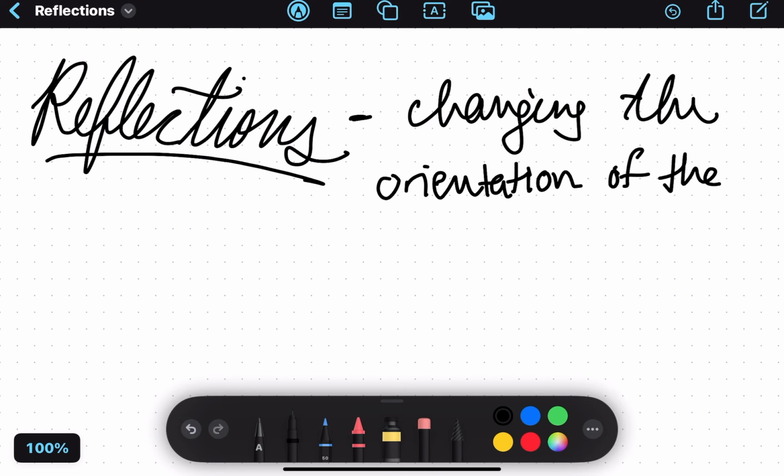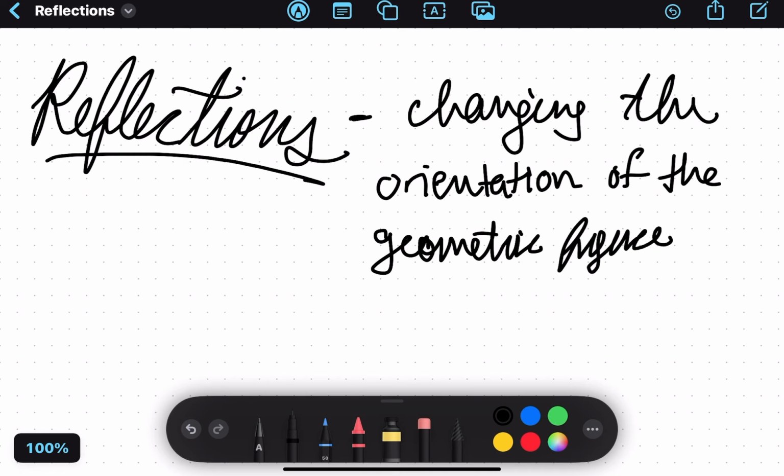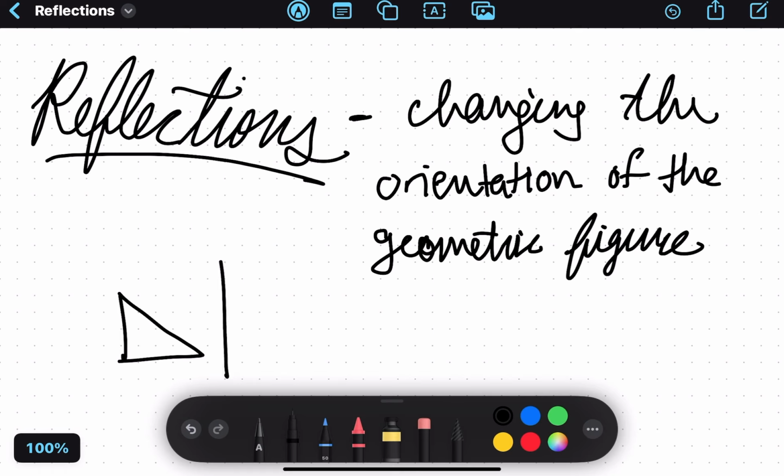of the geometric figure. So we're basically changing the orientation of the geometric figure. Meaning, if we had a triangle that looked like this, and then we reflected it across this line, it would look like this.